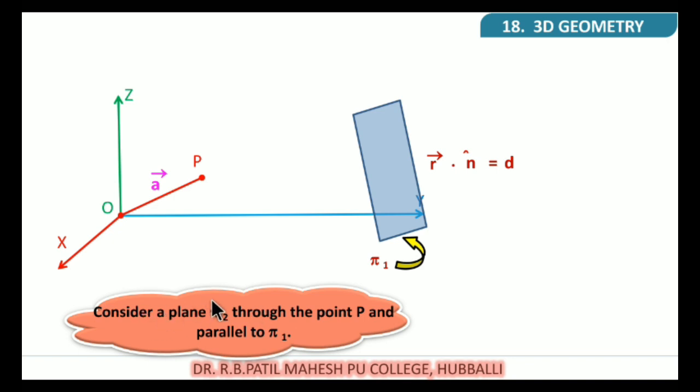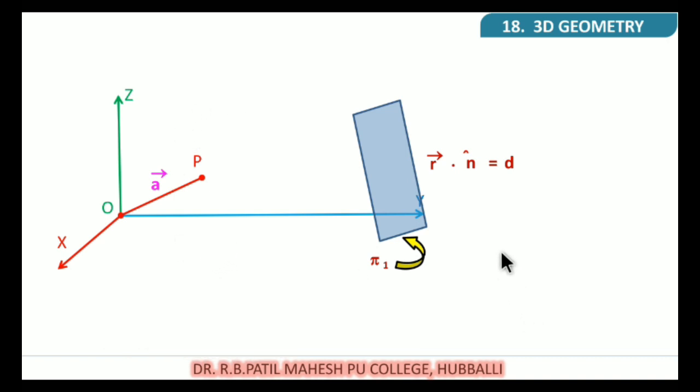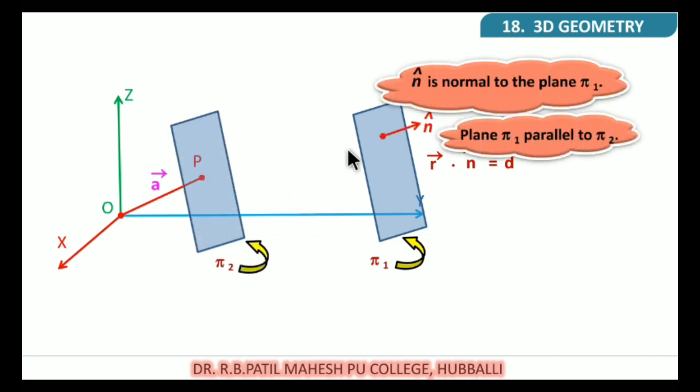Now, consider a plane pi 2 through the point P and parallel to pi 1. Means we have to take another plane which should be parallel to this plane and passing through the point P. Therefore, this is the second plane, and here n cap is the unit normal to the plane pi 1.